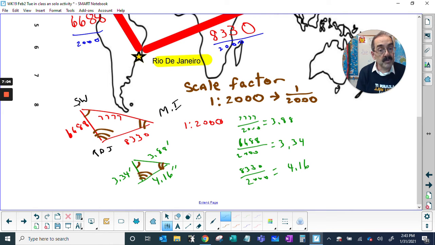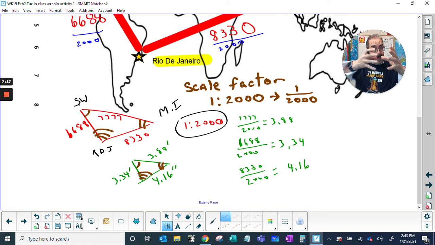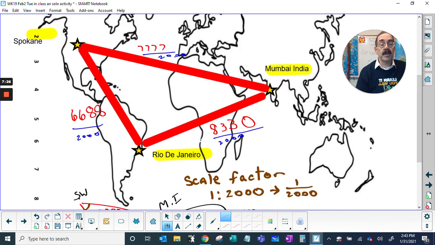And we would do the same thing on our map. Everything is scaled down in proportion. So we're learning scale factor, all the angles stay the same, and how to draw something large on our paper. Okay, so we're going to do this in class. These are the three that I chose.